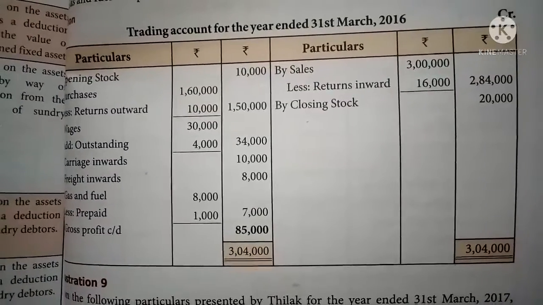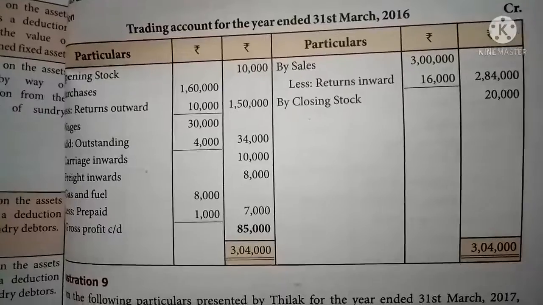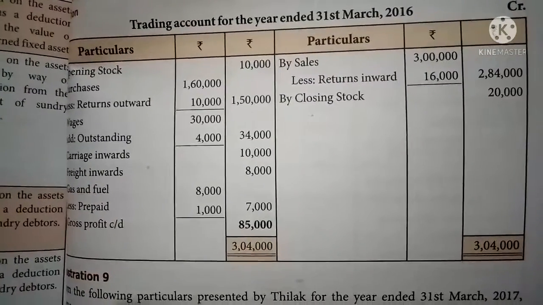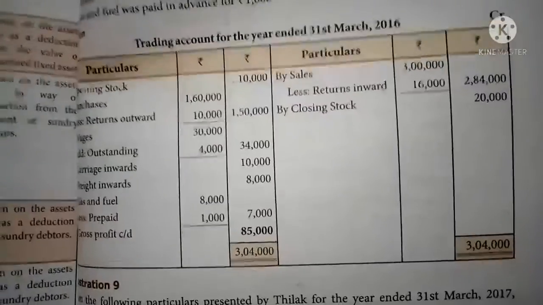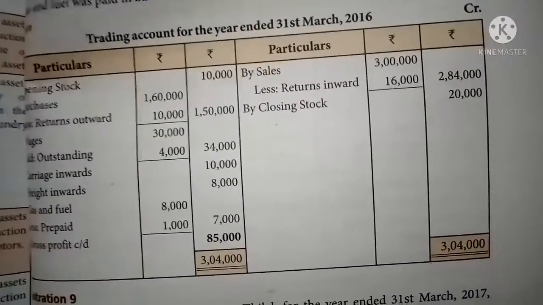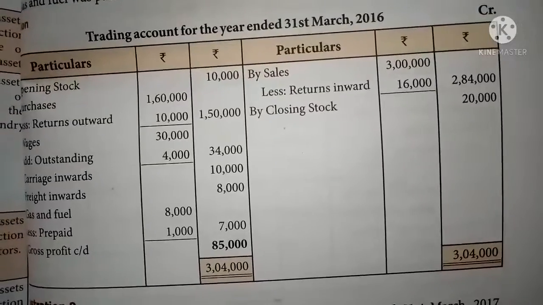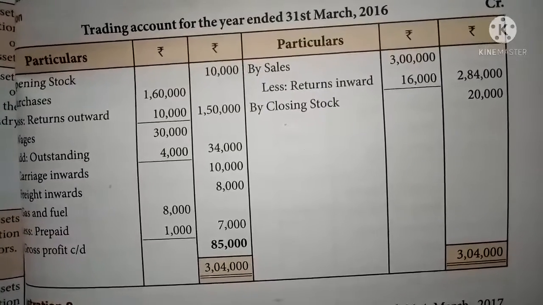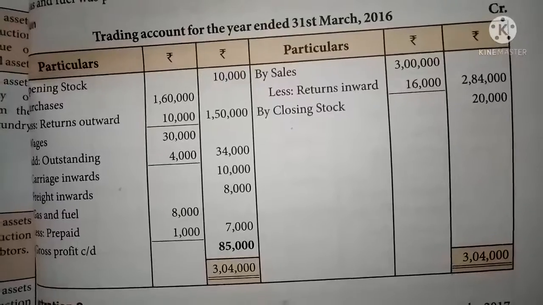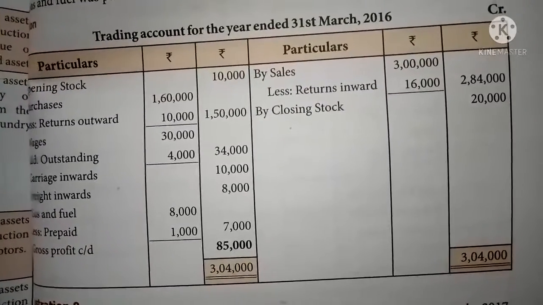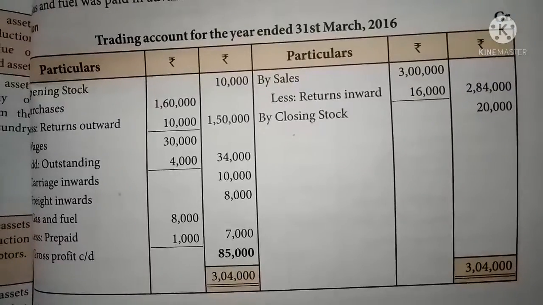Find the highest total, and write the highest amount as the total on both sides. In this sum, the credit side total is 3,04,000 and the debit side total will be the least total. So you write the highest total on both sides, 3,04,000, 3,04,000.